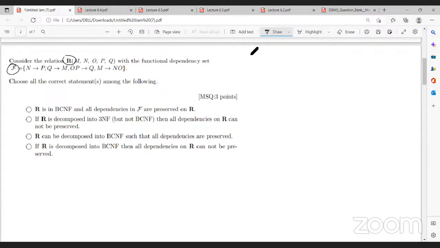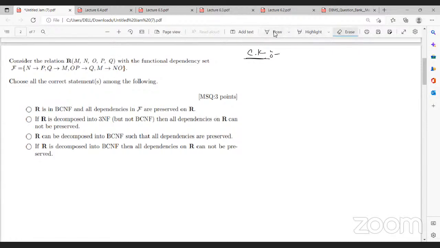We can start with the left-hand side of all the functional dependencies and see if they are super keys. Yeah, so if I start, M is there, N, O, P, Q. All the attributes are present on the left-hand side of the functional dependencies, right?